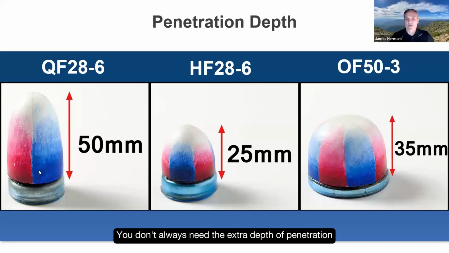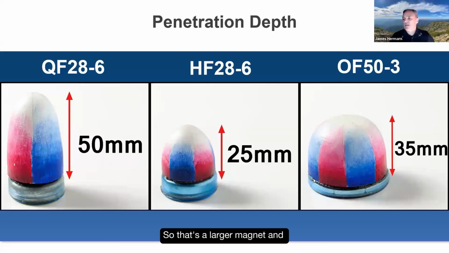You don't always need the extra depth of penetration, and so you get 6 active areas in this magnet, 4 there. Here you get 8 active areas with the octopolar, so that's a larger magnet, and that just gives you an indication of depth of penetration of rare earth multipolar magnets.